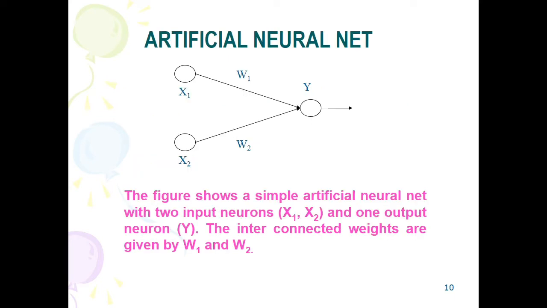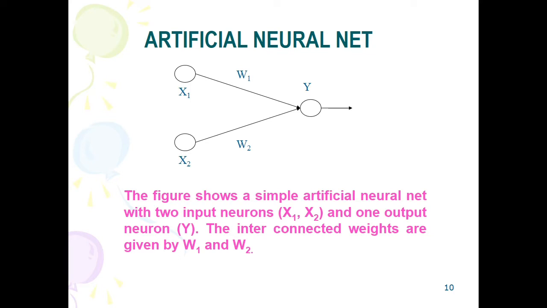The artificial neural network has a block diagram. The diagram represents x1. So x1 and x2 are the inputs, w1 and w2 are the weights, and y is the output. The output depends upon the number of inputs, so it may be x1, x2 up to xn, and w1, w2 based on the number of inputs and number of weights.